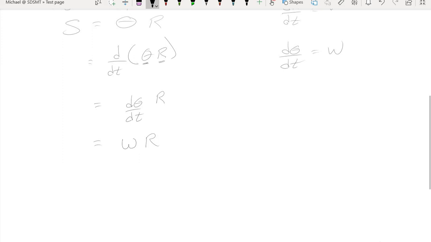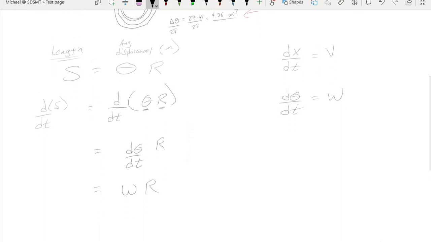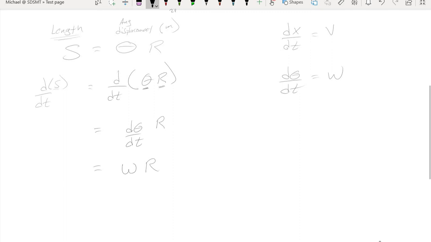Now, first rule of algebra, what I do to one side, I have to do to the other. And so now I would have to take a derivative of a change in physical displacement with respect to time. We're not used to seeing it written this way, but the arc length is just a change in our physical position.